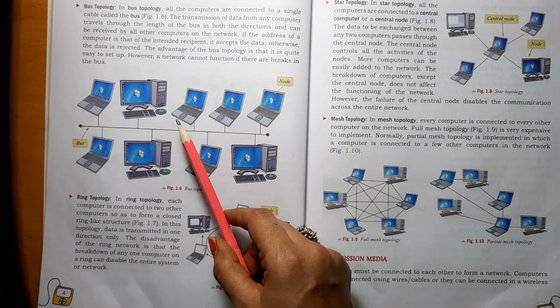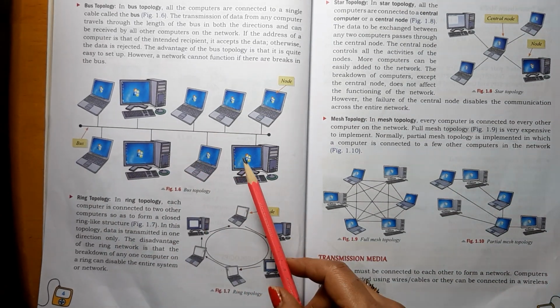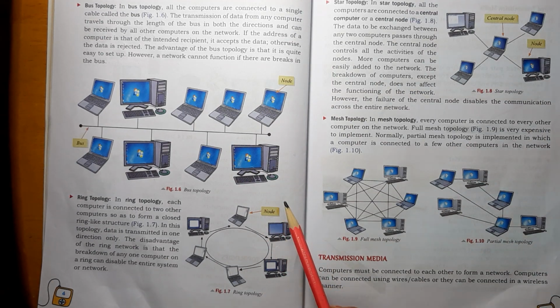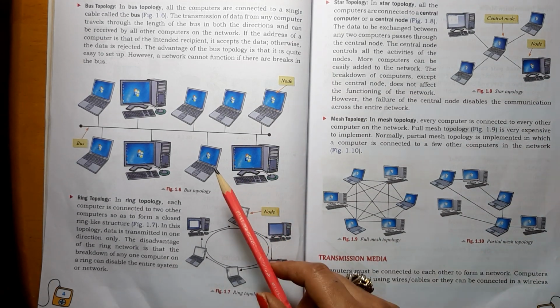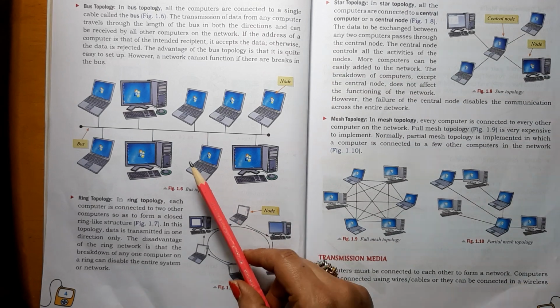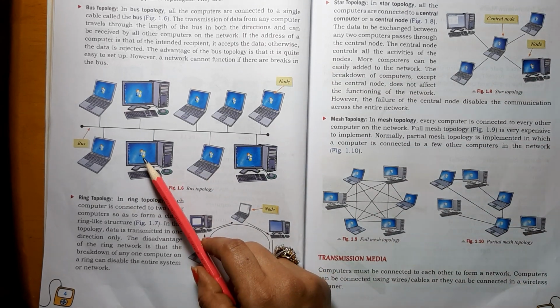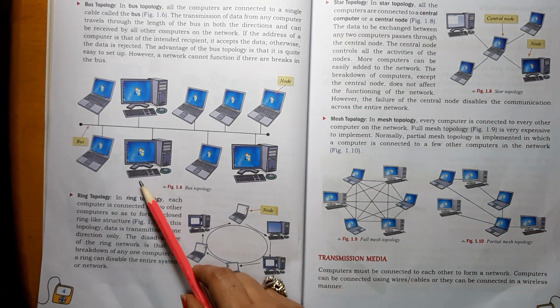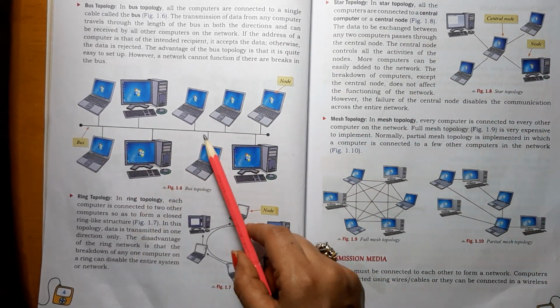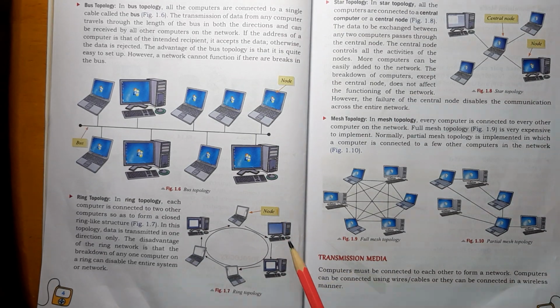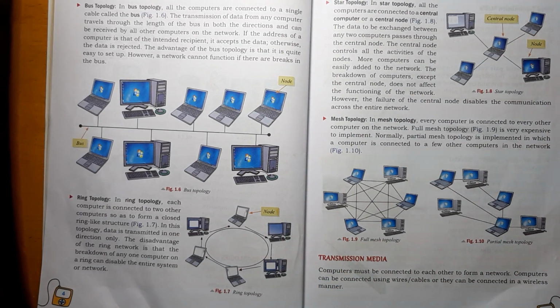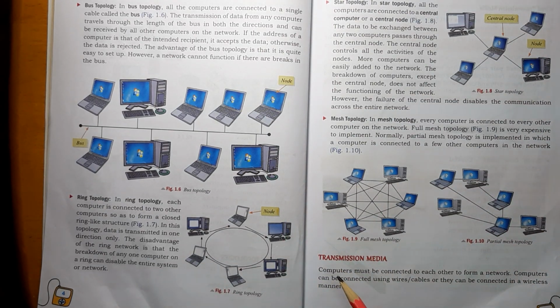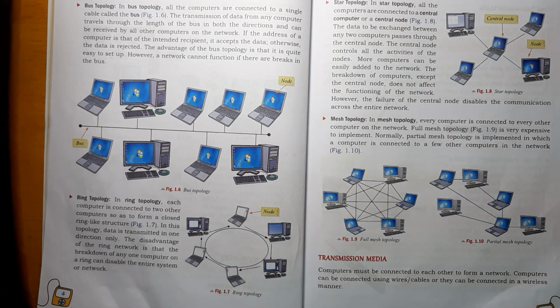However, a network cannot function if there are breaks in the bus. Suppose one system is not working, or there is any break in the connection along the bus, that means in the cable, then the entire network will fail. That's the disadvantage over here.